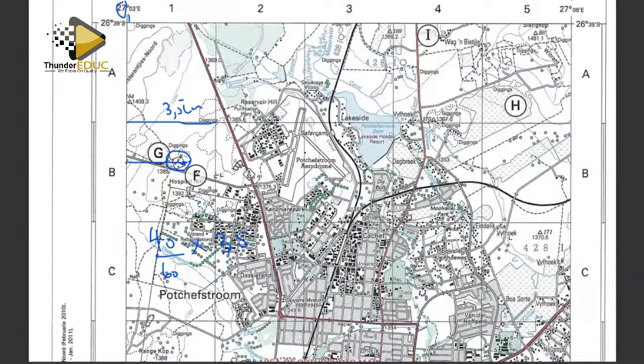You also measure the distance here and find out how long it is. Then you also measure from the top latitude to the point. Then you express the distance over the latitude distance or the width of the block. You multiply that by 60 seconds so that you get the value of latitude.